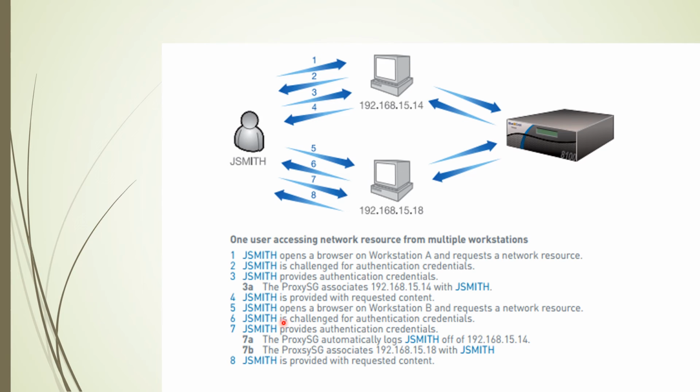Then the Proxy SG automatically logs JSmith off the original workstation, and then it logs him into this particular workstation B. After that, JSmith is provided with the requested content. It means that when any user already logged into one workstation attempts to obtain authentication and authorization on another workstation, they are automatically logged off of the original workstation.